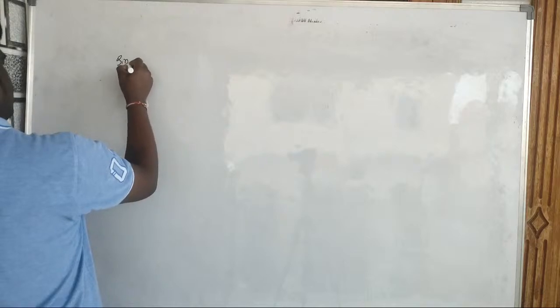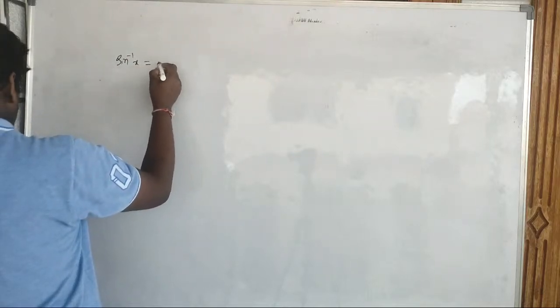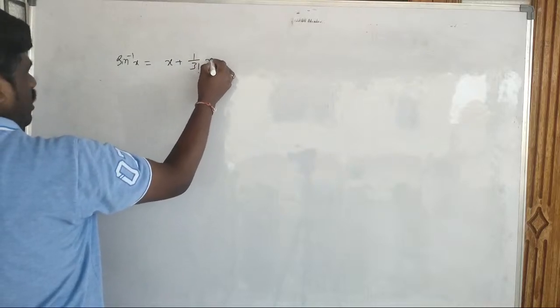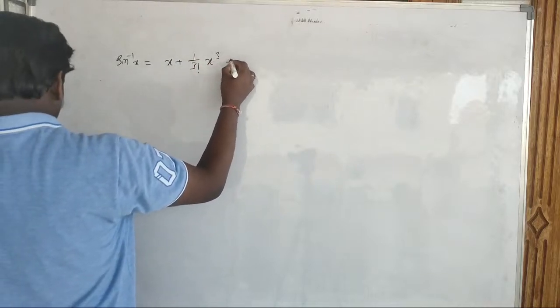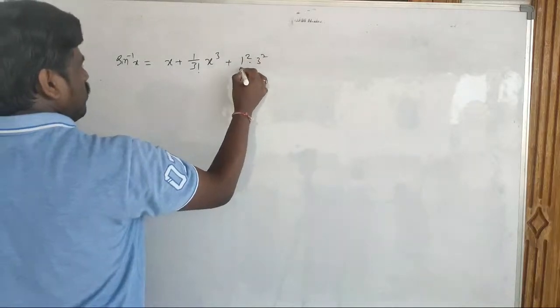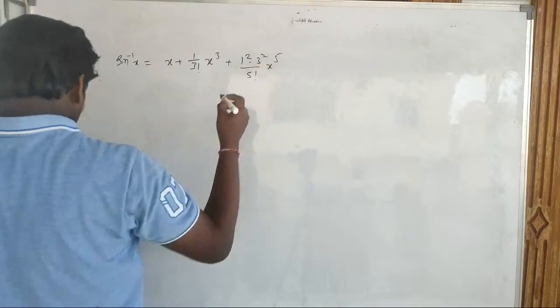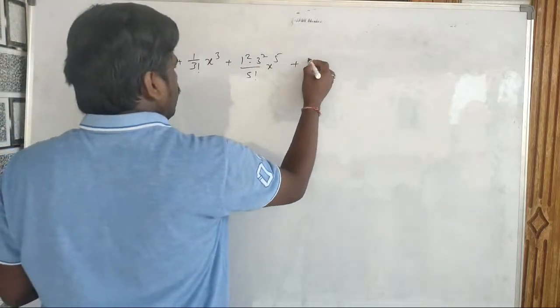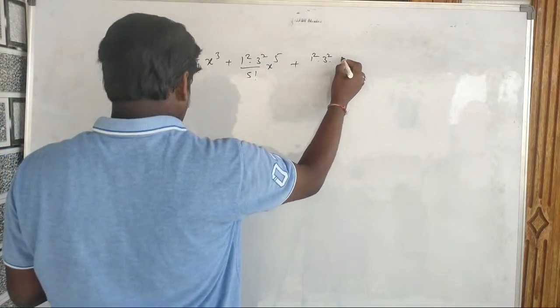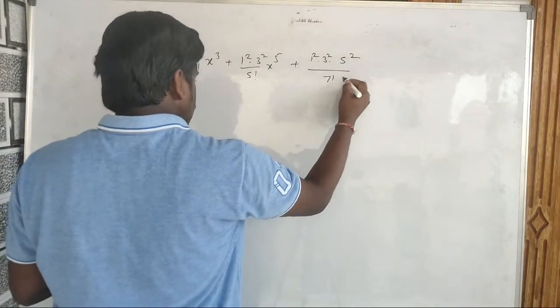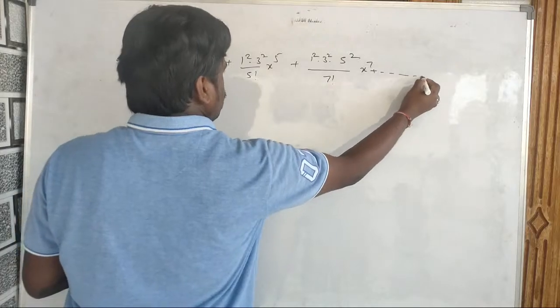Sine inverse x expansion is x plus 1 by 3 factorial x cube plus 1 squared into 3 squared by 5 factorial into x power 5 plus 1 squared into 3 squared into 5 squared by 7 factorial into x power 7 plus so and so.